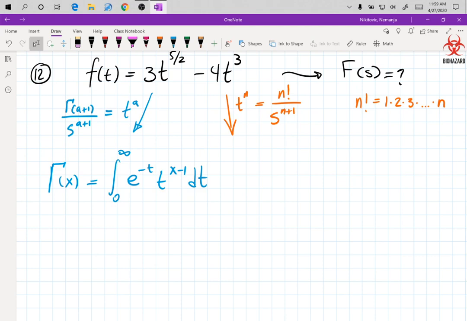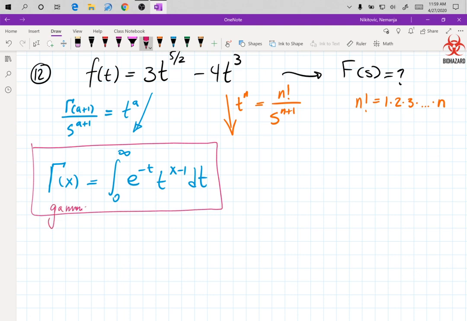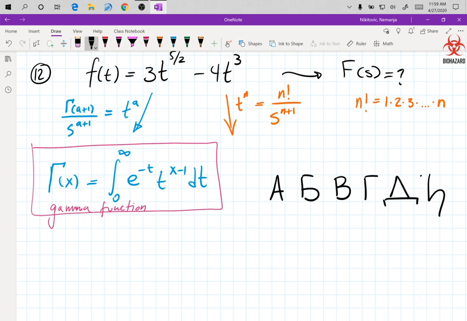So what do I have? Well, when I look at the problem, I see that my a is 5 halves. I'm going to actually box this as a formula. So, right, this is called the gamma function. And the letter you see there is a Cyrillic letter, capital G. So in Cyrillic, which is my native, you have A, B, V, G, D, and so on.